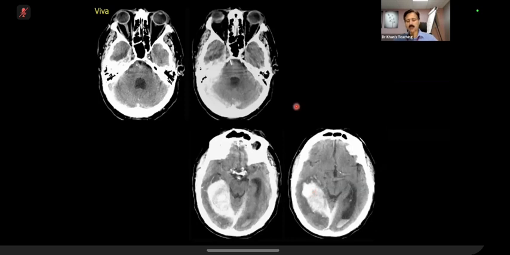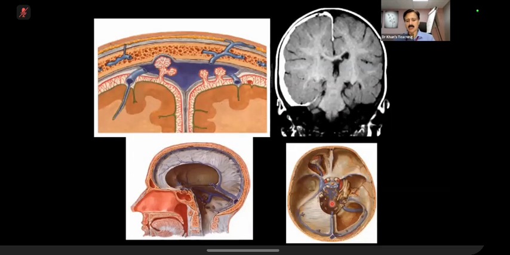Now this is the type of case which comes in the exam where we can see this hematoma, and the question is, where is this hematoma? And people confuse it. Somebody will say it is in the occipital lobe, somebody will say it is in the cerebellum on an axial slice. But the key is that part of it is going along the dura. And you see, this is what I'm talking about.